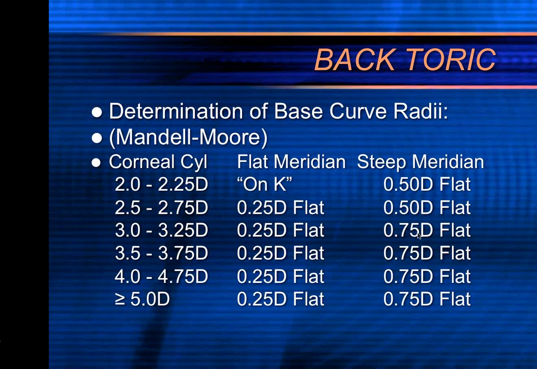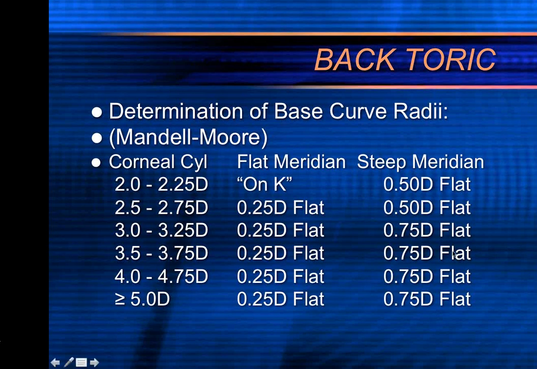Why aren't they both simply on K? Why don't we just go, if the keratometry values are 42 times 45, why don't we just go 42 and 45? Well, most nomograms for spherical lens designs recommend that you go slightly flatter than K because the cornea is aspheric. So you always tend to do likewise with toric parameters as well.